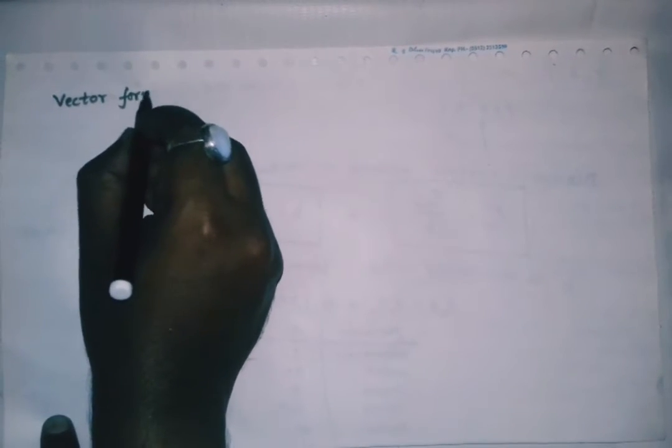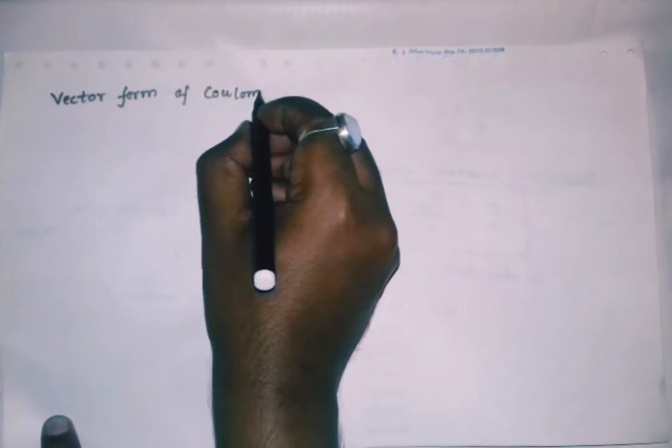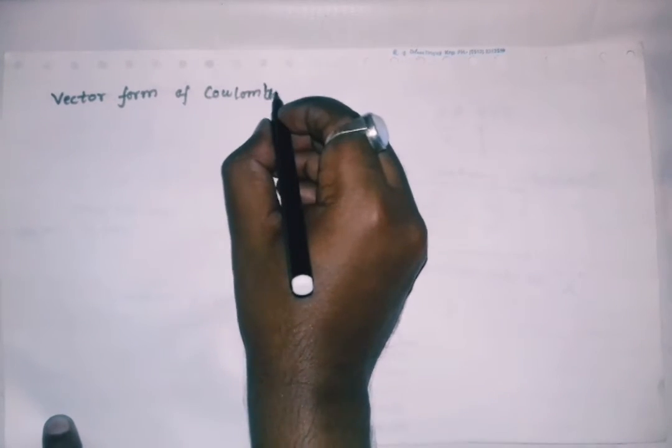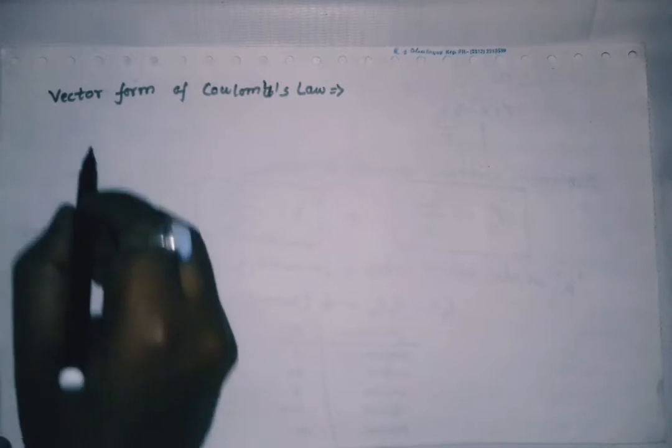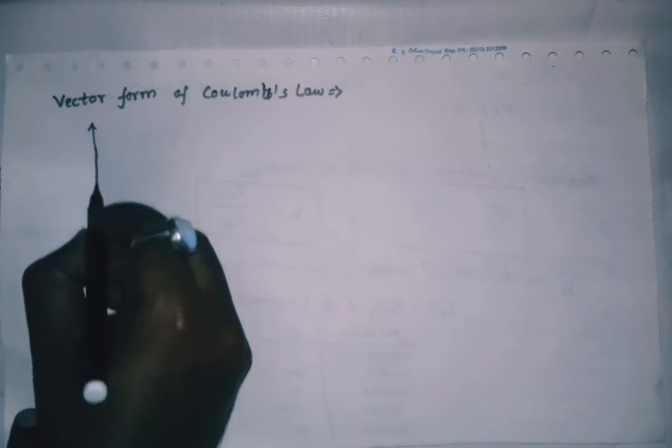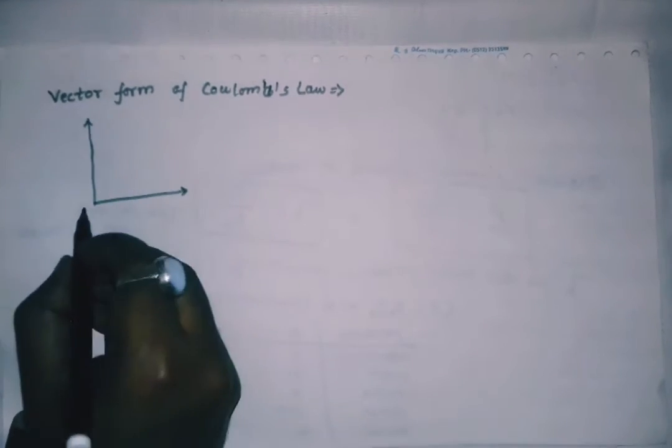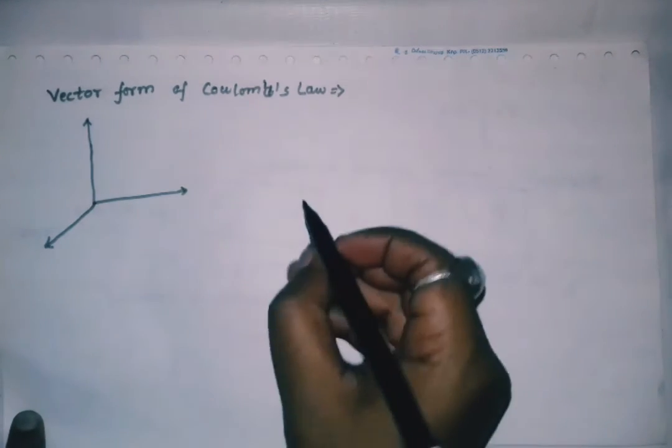Now let us elaborate the vector form of Coulomb's law. Since force is a vector quantity, Coulomb's law can be represented in vector form also. Suppose here is a three-dimensional Cartesian system.